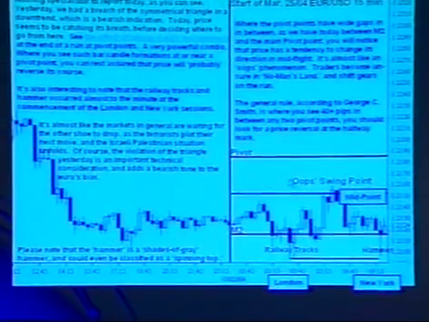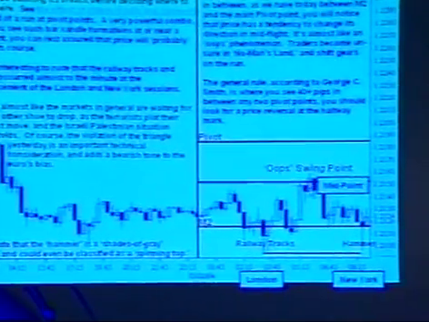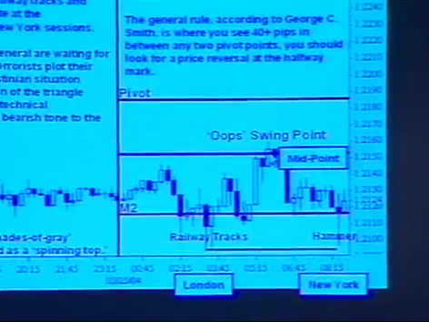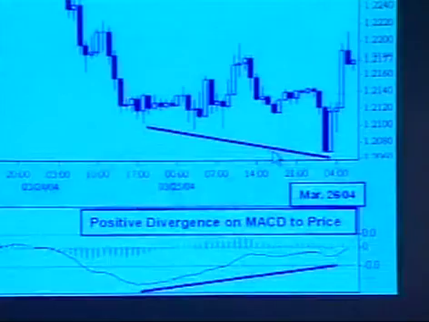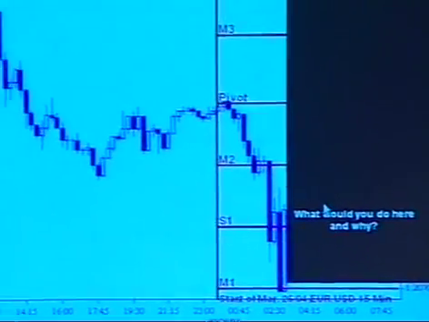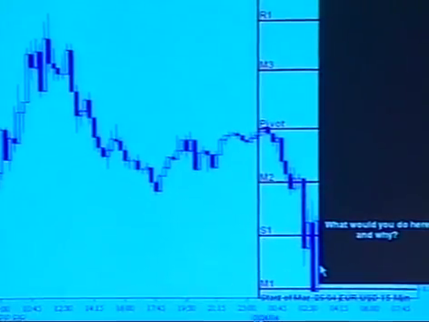Another example of this is the midpoint between two wide-ranging pivot points, which becomes a strategic area where price tends to hesitate at times. Here's the kind of railway tracks you'd like to get all the time.